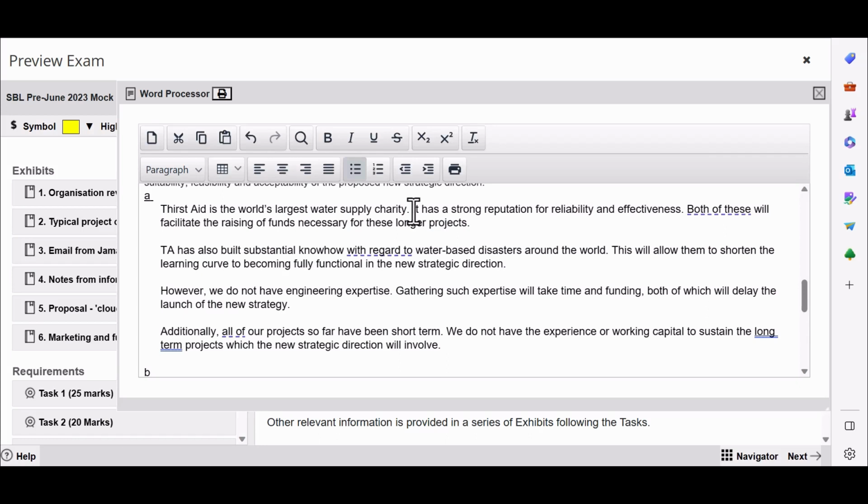It became the world's largest water supply charity because it has a strong reputation. So you might have written here, this was achieved by its strong reputation for reliability and effectiveness.